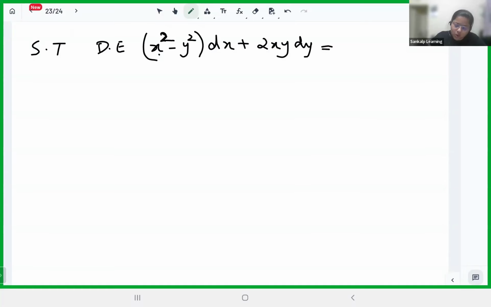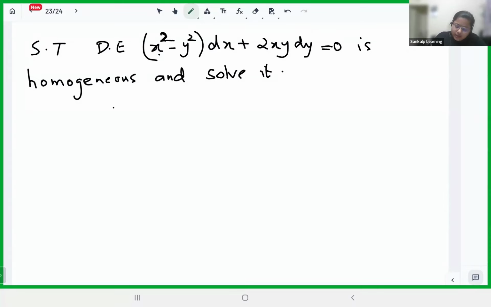Then the next question is, show that the differential equation x square minus y square into dx plus 2xy into dy equal to 0 is homogeneous, and solve it. All right.